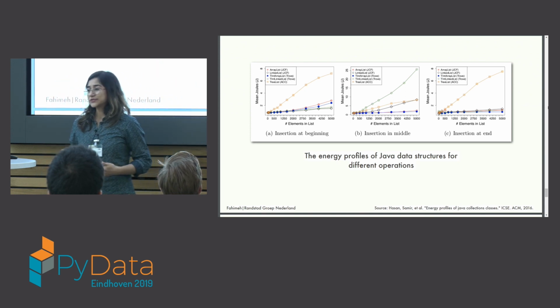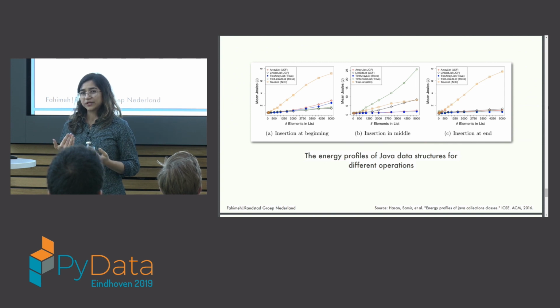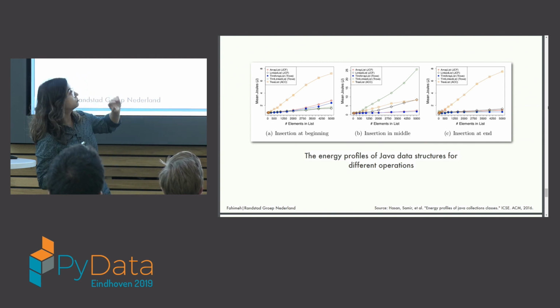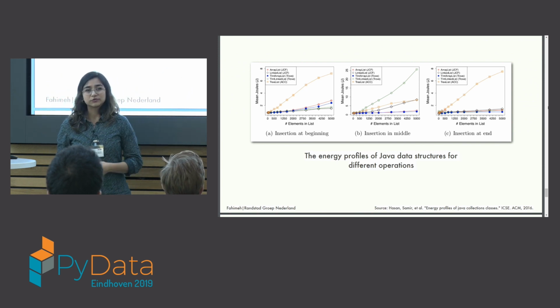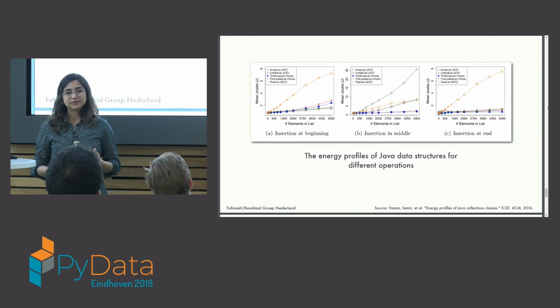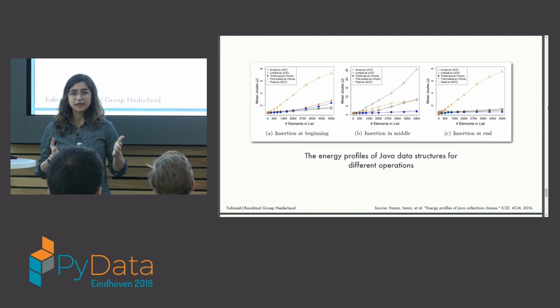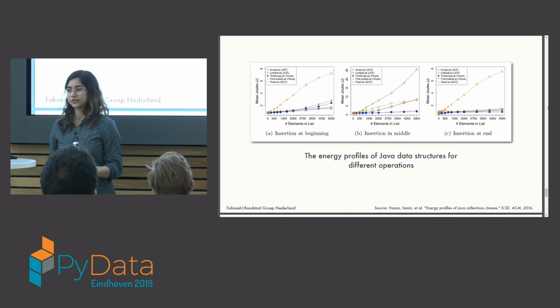You see that some of the collections that do well in one type do really badly in another. So the message is that you need to be careful about what kind of operations you want to do, and based on that, choose the right data structure.